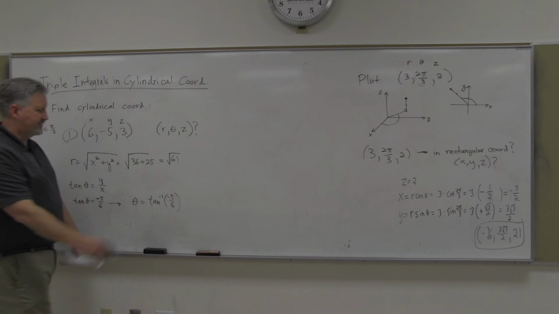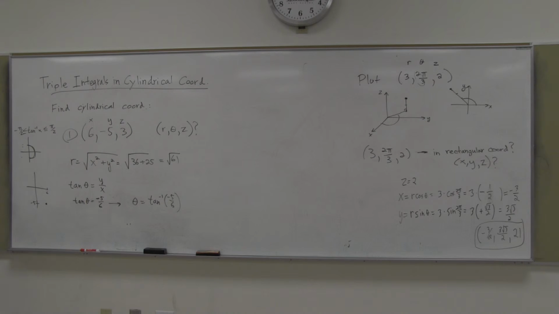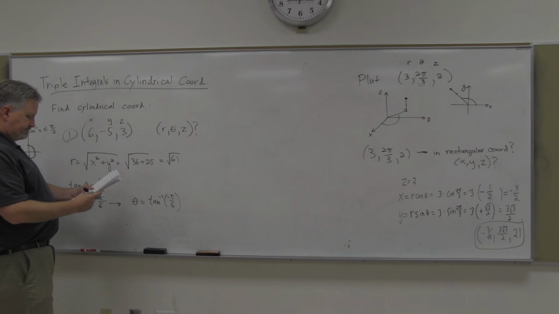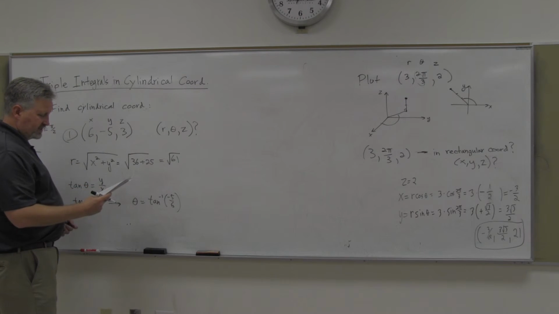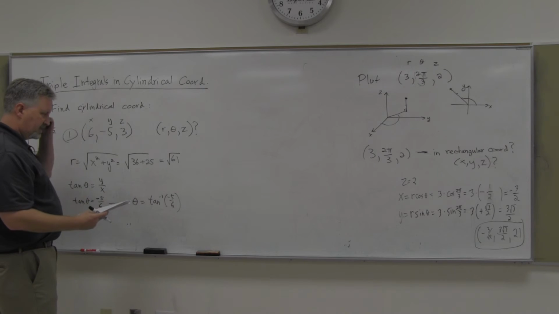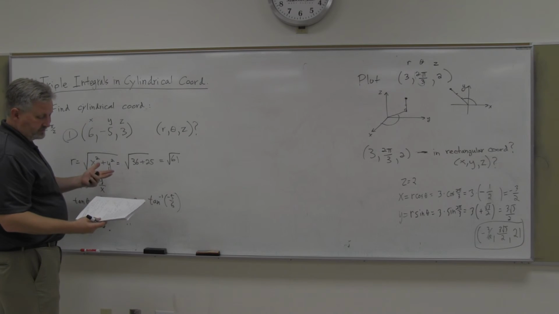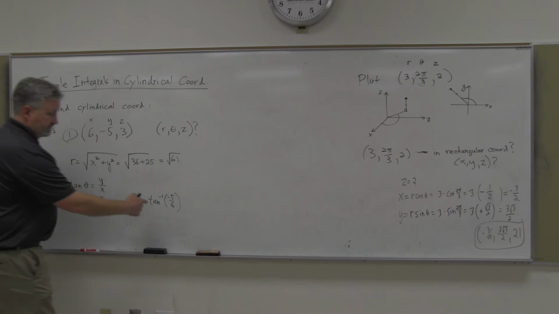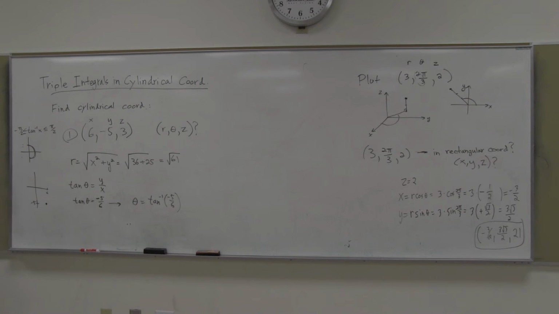And they probably would just leave it that way. I mean, if you want to, that's approximately -0.69 radians, or you can get it in degrees, but that's probably the way they would write it.